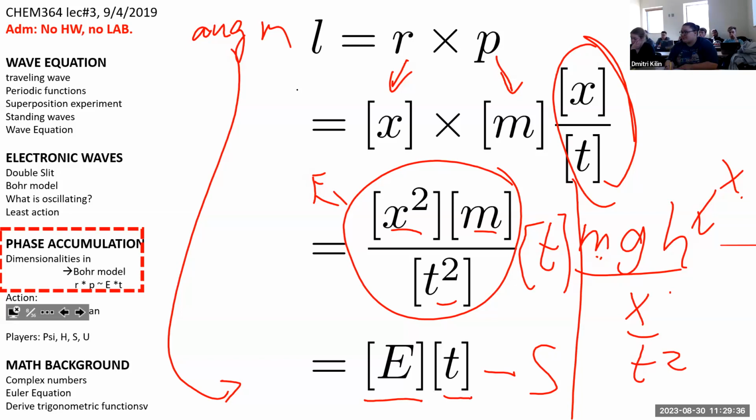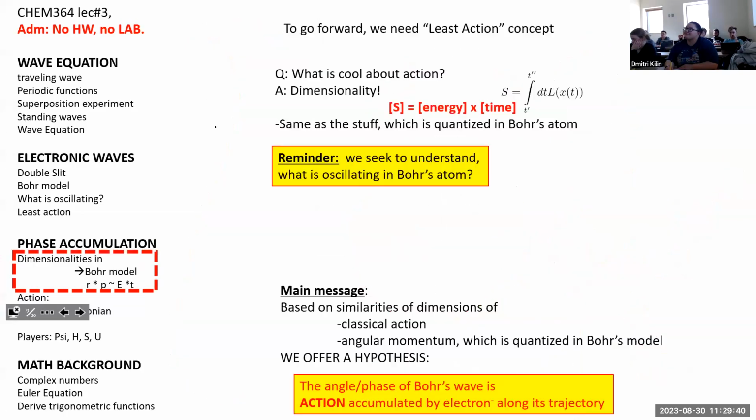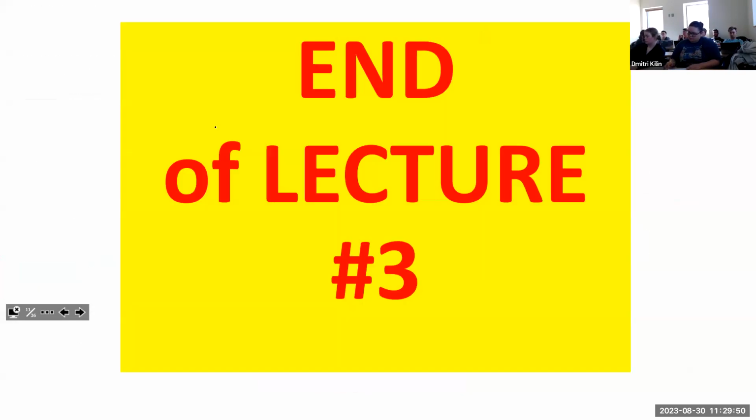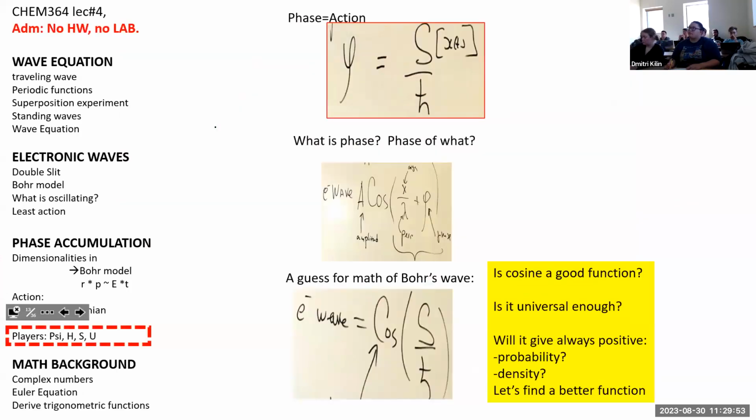Okay. So now we, I wouldn't say break, we switch the gears. We need to speak about a slightly different thing. So here is a summary of what we talked about.